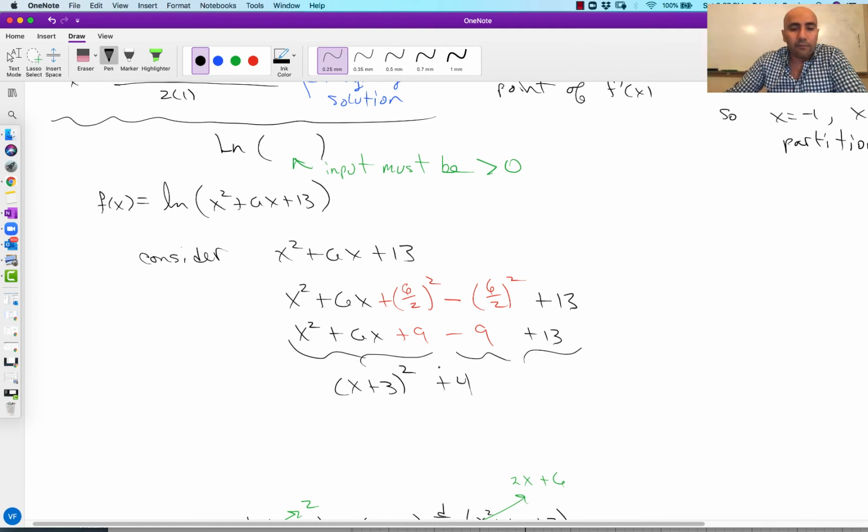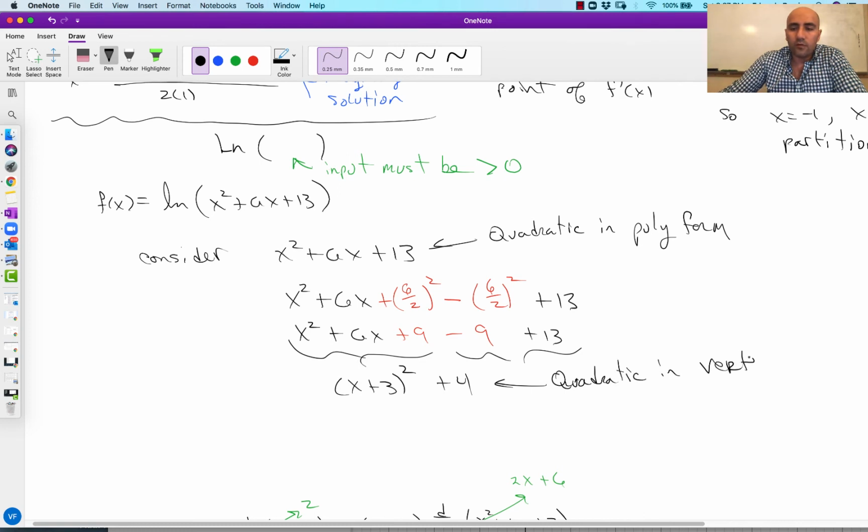Okay, what have I accomplished? I've rewritten my quadratic from polynomial form to a quadratic, still a quadratic, in vertex form.